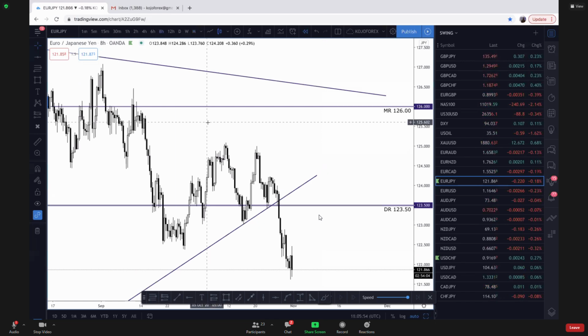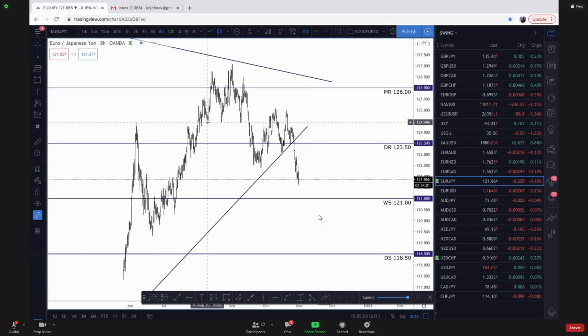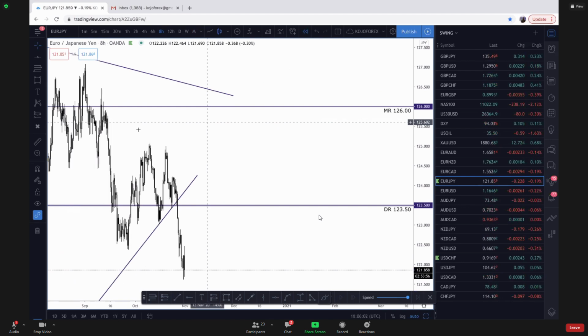It moves in waves, creating higher highs and higher lows, or lower highs and lower lows. So what do I mean by higher highs, higher lows? The market could be going up, it pushes down a bit, goes up again, pushes down again, goes up, pushes down.